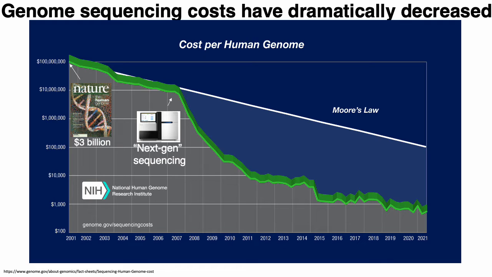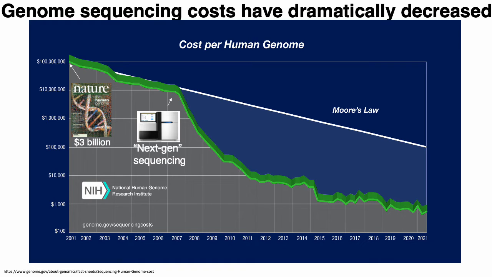That's in contrast to when the first next-gen sequencing machines by Illumina came out in roughly 2007. You can see at that point, that was when the costs really started rapidly declining. And if you fast forward to 2015, that was when we first started achieving the so-called $1,000 genome, where sequencing a genome could cost roughly on the order of $1,000.